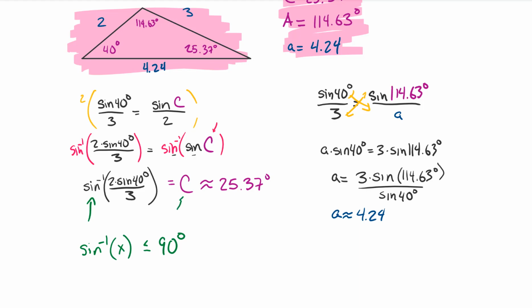If this angle would have been, say, 110 degrees, sine inverse wouldn't have told you that. It would have only given its reference angle. So we're going to have this weird ambiguous case that we're going to have to deal with. It's a little strange, so get your practice with that part.